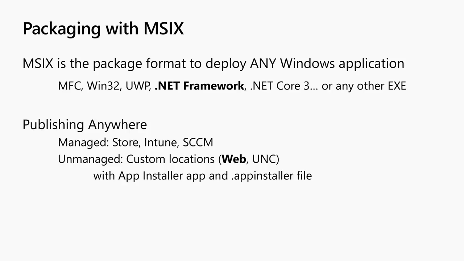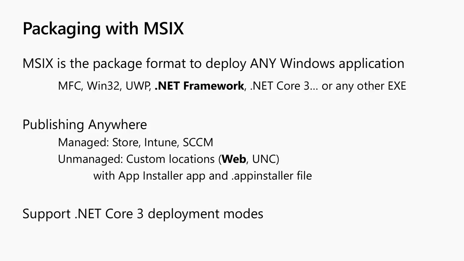And what is new for MSIX, and we got a lot of questions in the desktop booth during these two days at Build, is what happens with .NET Core 3 and ClickOnce. So for .NET Core 3 applications, all of you are familiar with .NET Core 3. It's coming to desktop, WinForms, WPF.